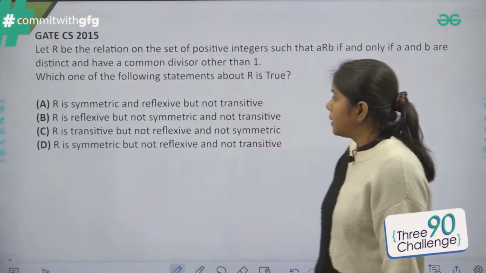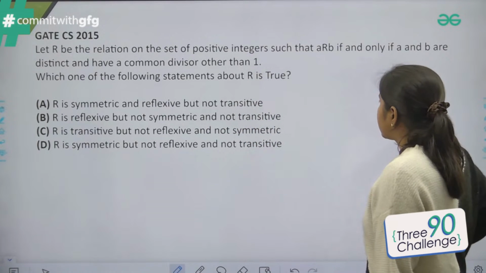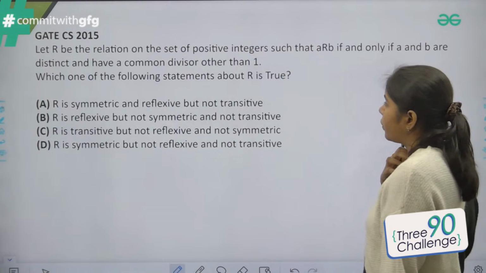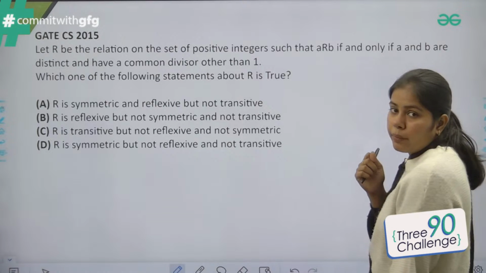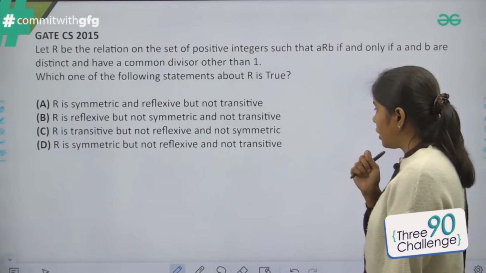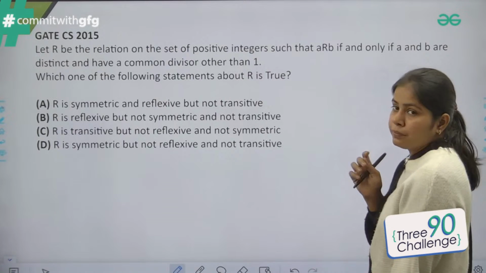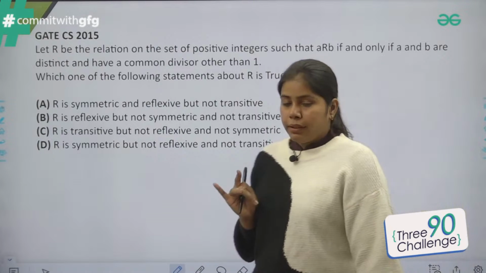Okay, so let's see. R is a relation on the set of positive integers such that A is related to B if and only if A and B are distinct and have a common divisor other than 1. Just tell me what would be the answer here. Tell me, guys.